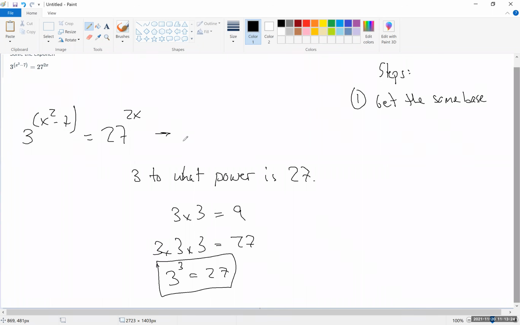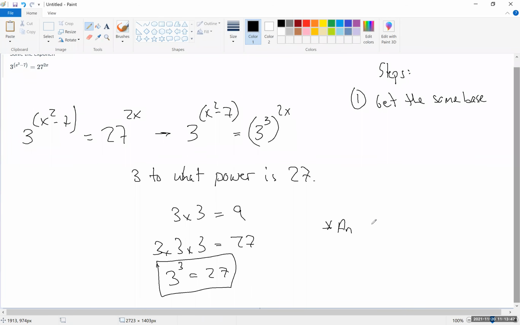So this is going to become 3 to the x squared minus 7 equals 3 cubed, with parentheses, to the 2x power. Okay. So now we have the same base, but the problem is we need to simplify. And this is where another rule of exponents comes in.